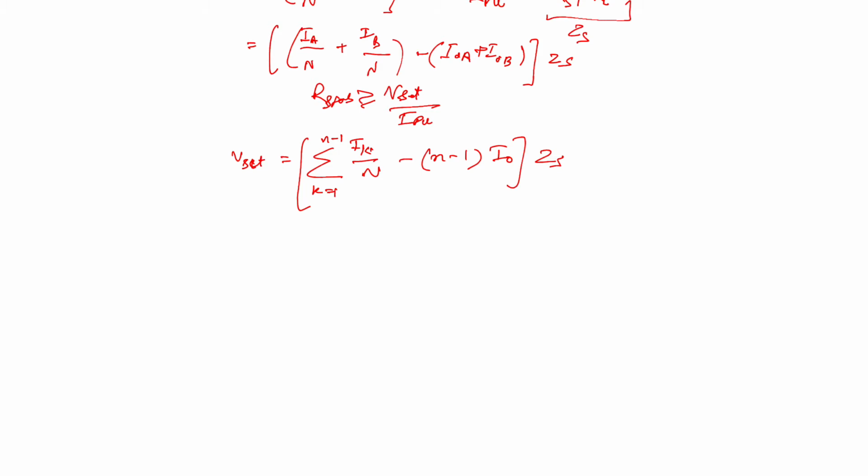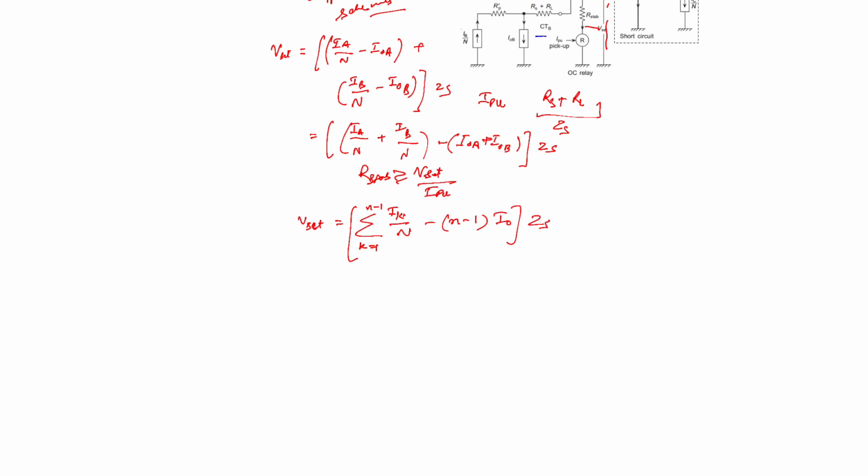The summation of IK for K equals 1 to N minus 1 is the maximum external fault current, which we write as IF external maximum.